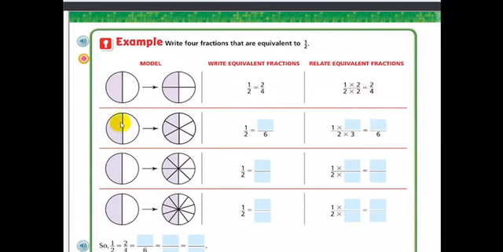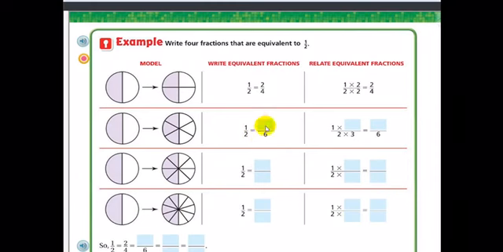Okay? Here, if I divide the circle into 2 parts, I have half. And here, how many parts? 1, 2, 3, 4, 5, 6. 6 parts, and I take 3. Here 2, it will be 6. 1, it will be 3. 2 times what gives me 6? 2 times 3.